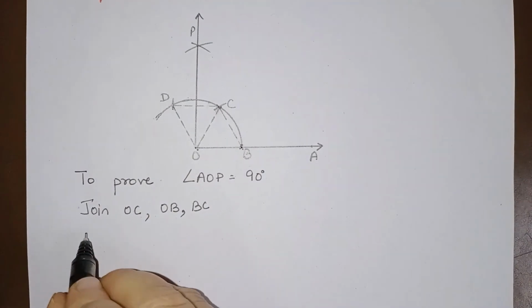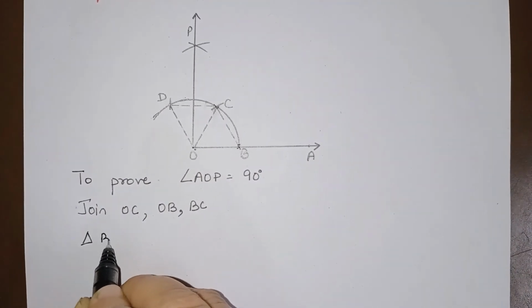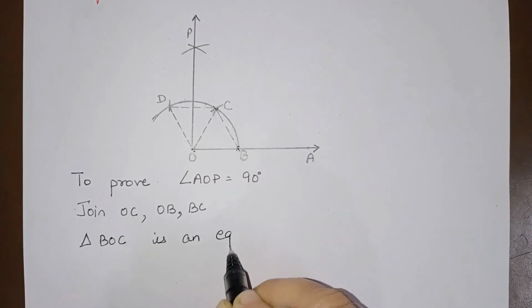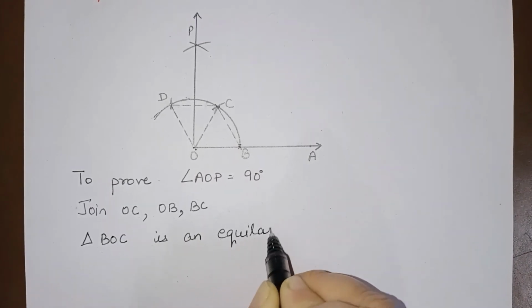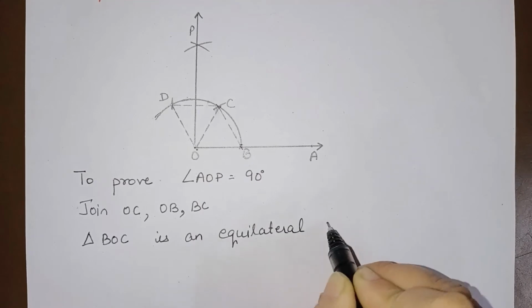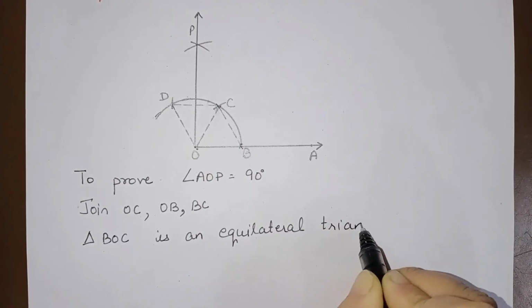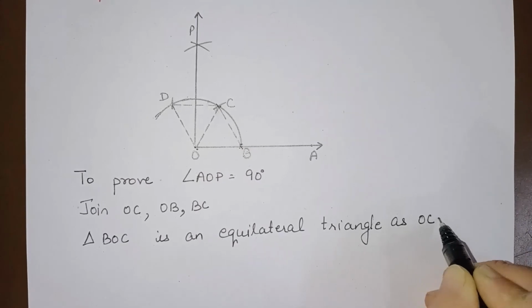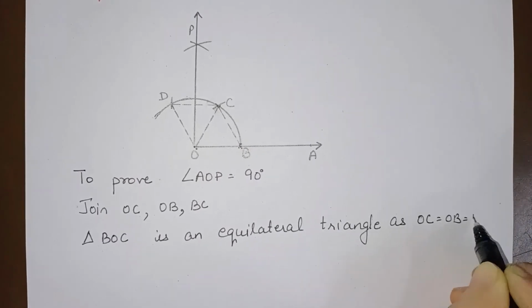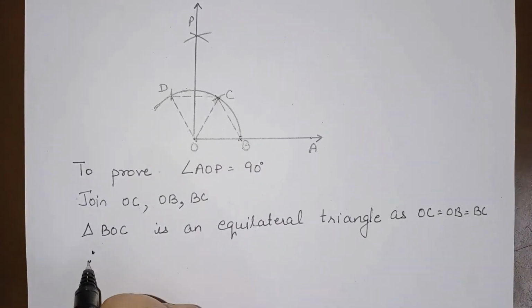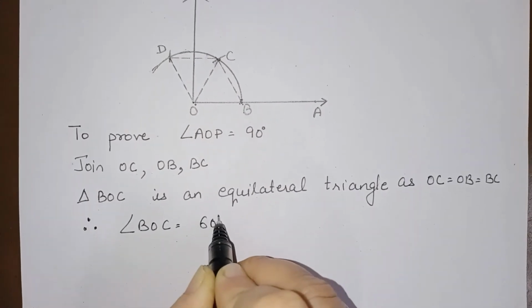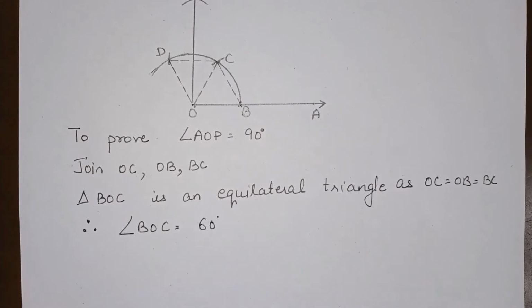So we will get triangle BOC is an equilateral triangle as OC equals OB equals BC. Now therefore we have angle BOC equals 60 degree, right?